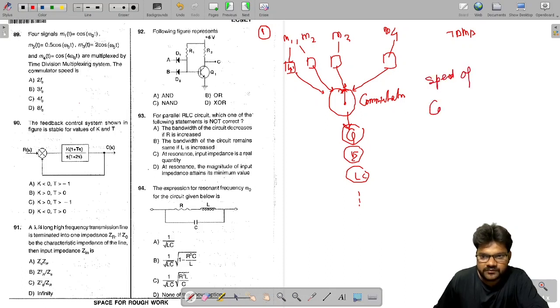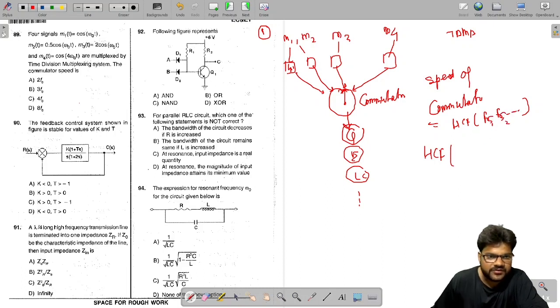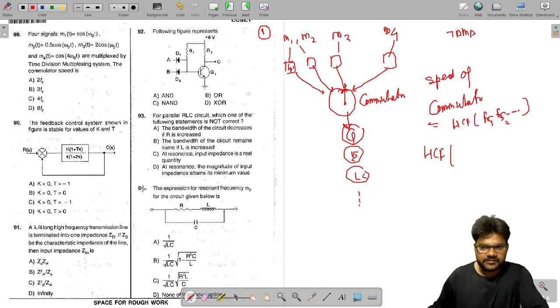If the signals do not all have the same frequency, then the speed of the commutator is the HCF of all the sampling frequencies Fs1, Fs2, Fs3 and so on. If no sampling rate is given, we sample them at the Nyquist rate.